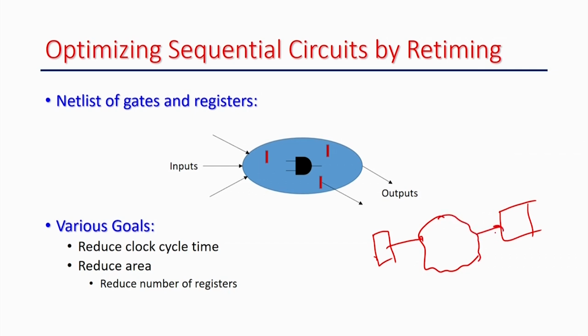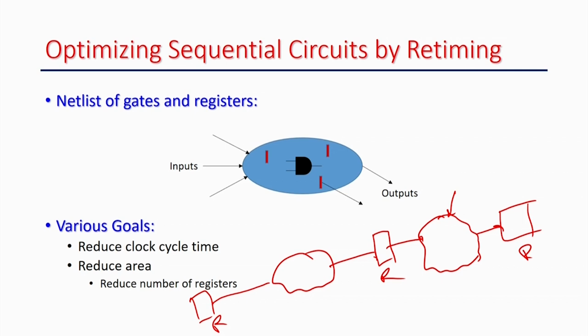You can visualize your circuit like this. There are sets of registers and in between there are some combinational clouds, the set of functionality that modifies the outputs. We can do several kinds of optimizations on the combinational circuit, which is easy, where we can try to merge some gates to reduce the size.